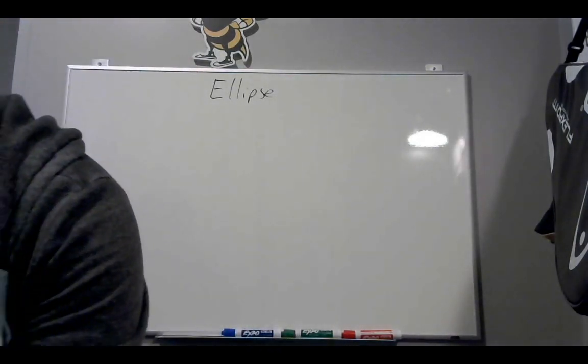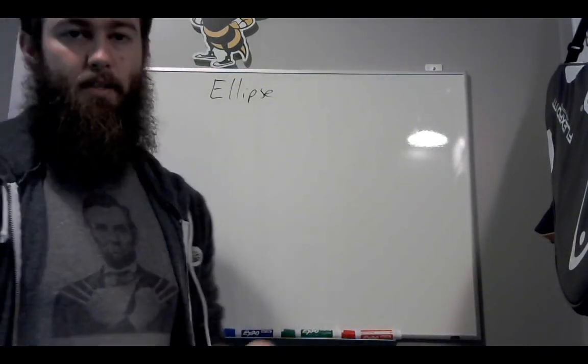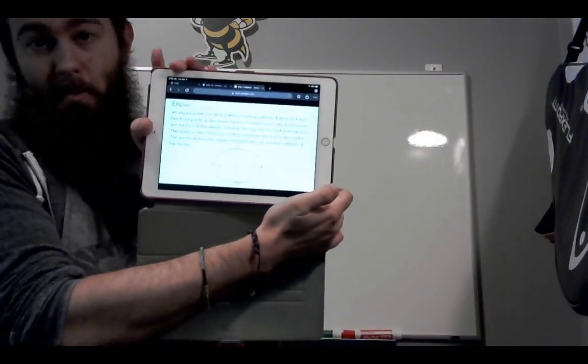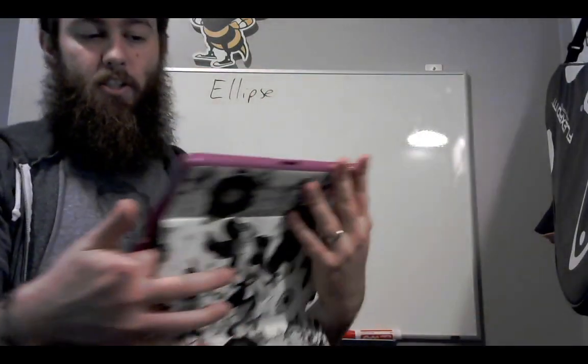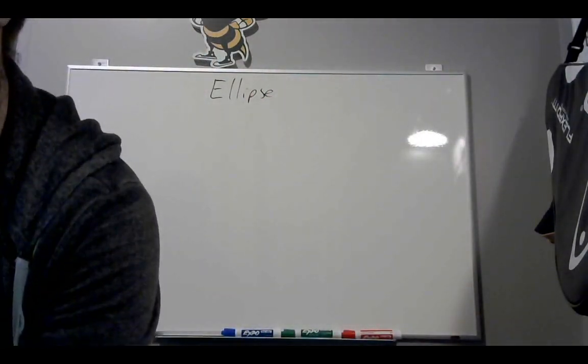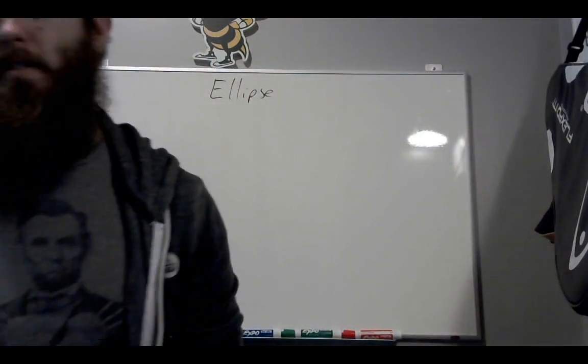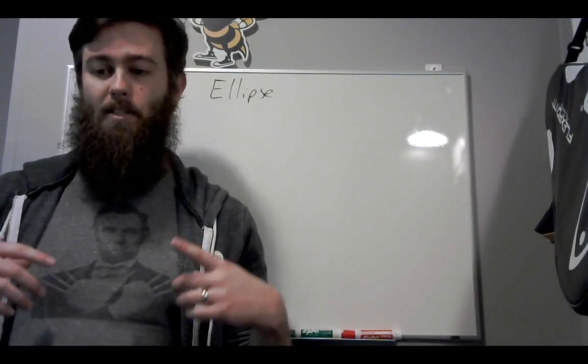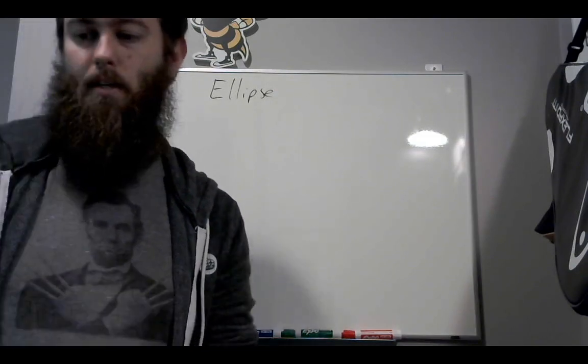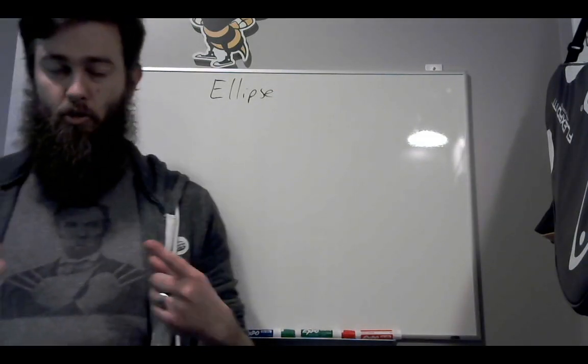If you are also looking at the slides, I am currently looking at the slide about the ellipse, which tells you that an ellipse is a set of all points in a plane whose distances have a constant sum between 2 points.